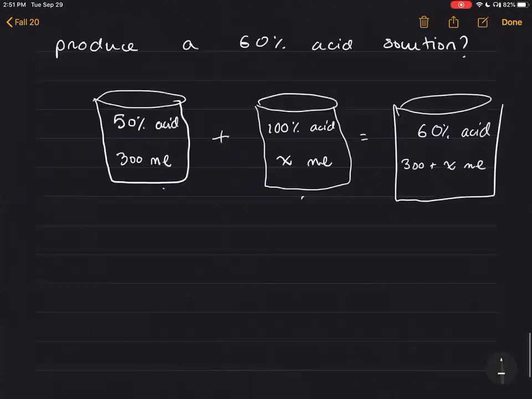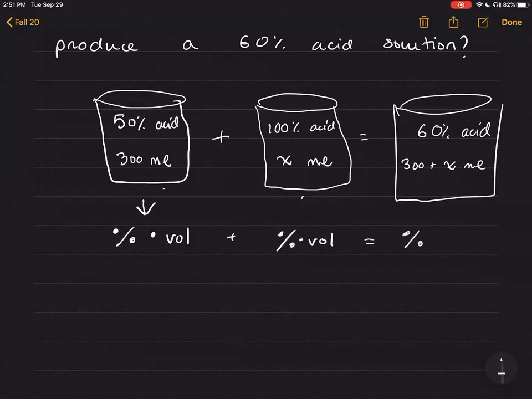And so, okay, this is a cool picture and it kind of makes sense, but then how do we turn that into a formula that we can then solve? So here's the trick: you go down and you do the percentage times the volume plus percent times volume equals percent times volume.